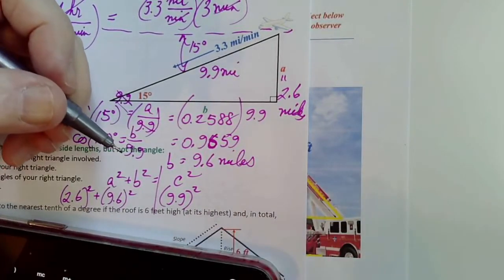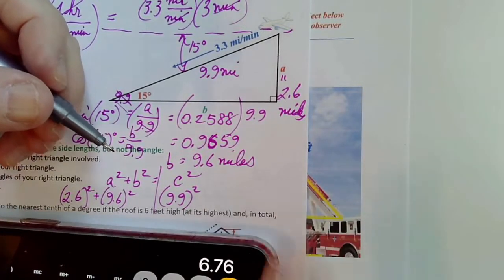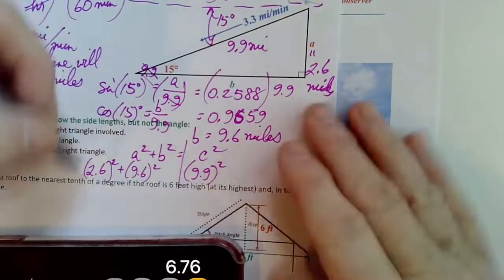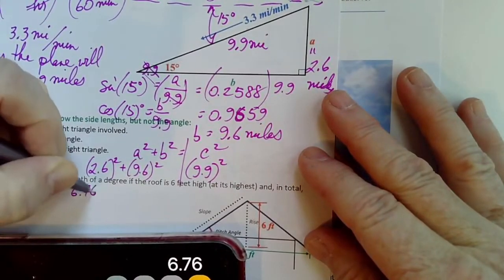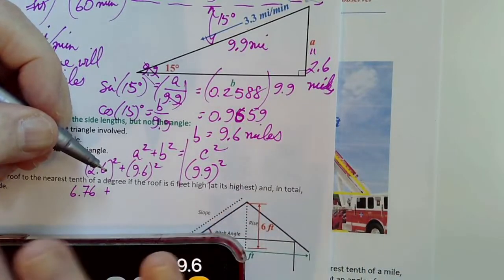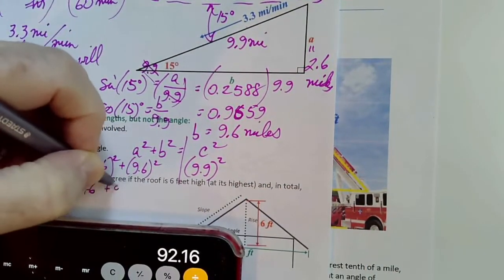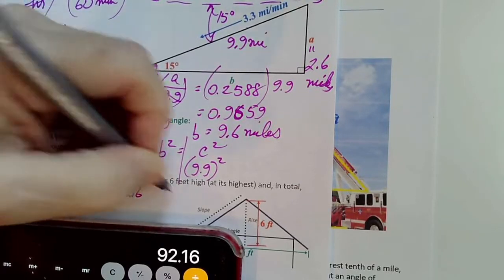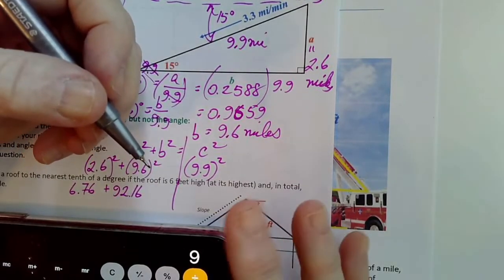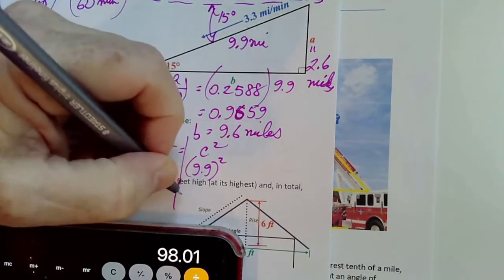Let's see. 2.6 squared is 6.76. 9.6 squared is 92.16. 9.9 squared is 98.01.